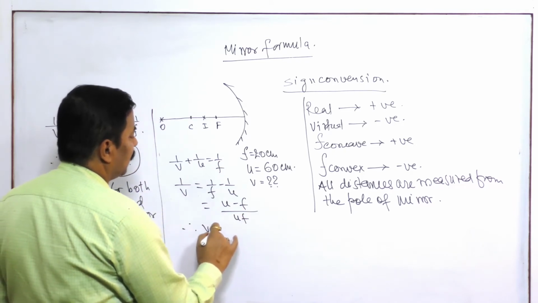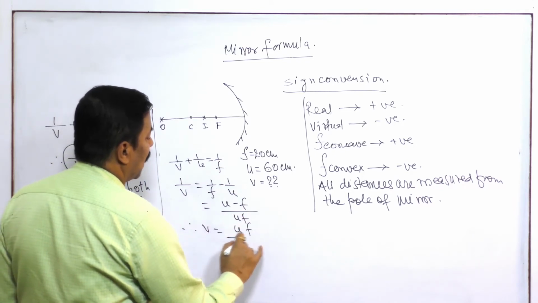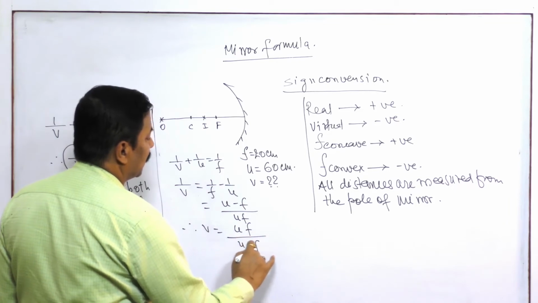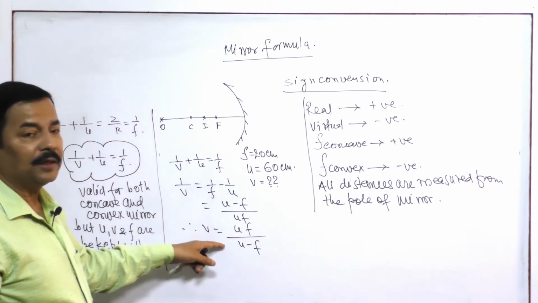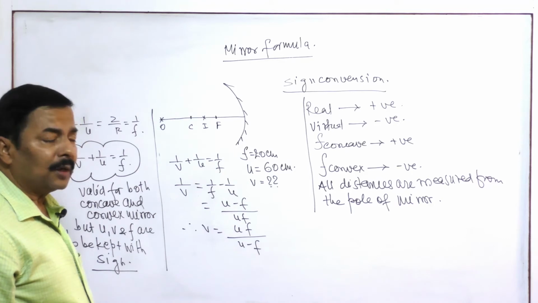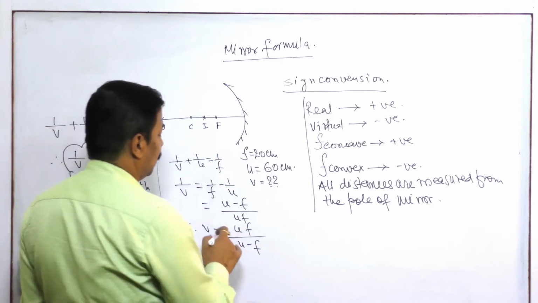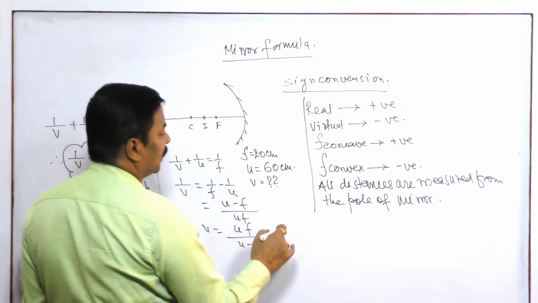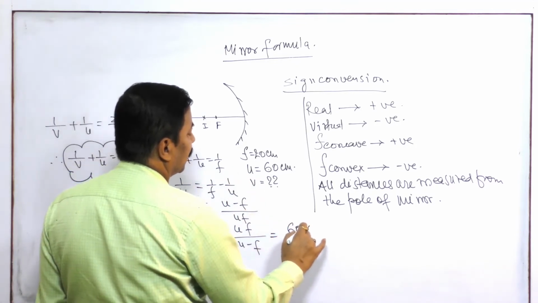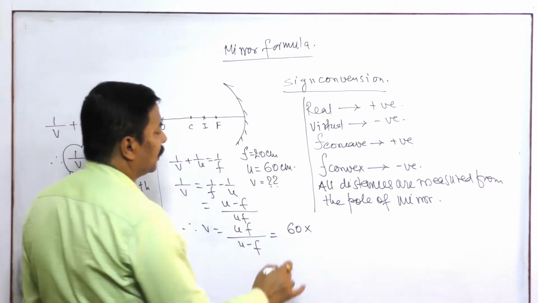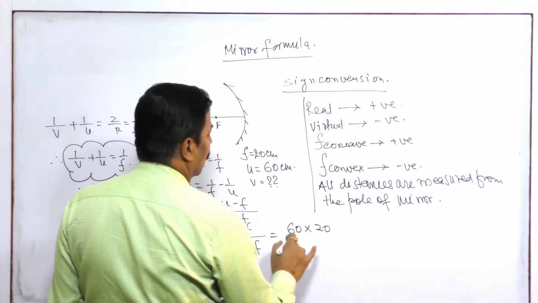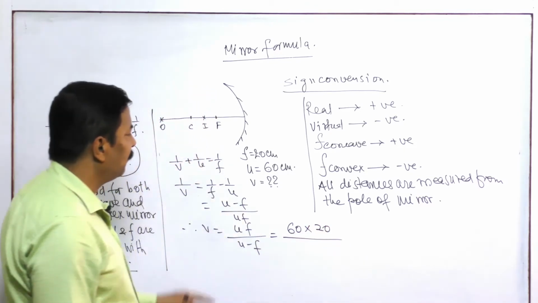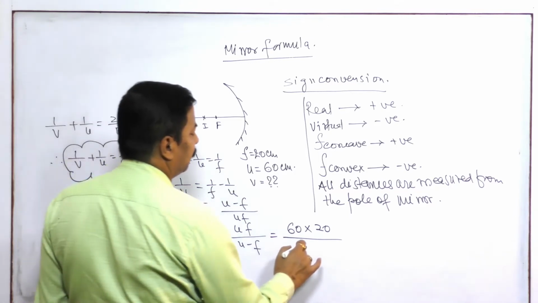So V is equal to UF by U minus F. This is the value of V. Now put the value of U: real object, so 60 into F, that is 20, by U minus F, 60 minus 20.